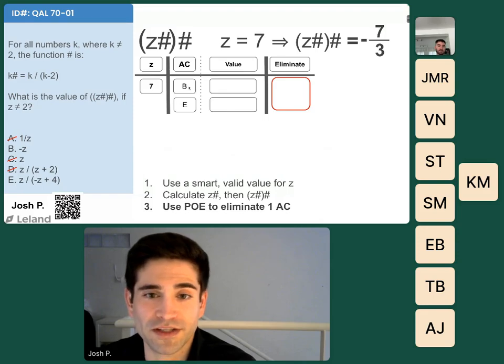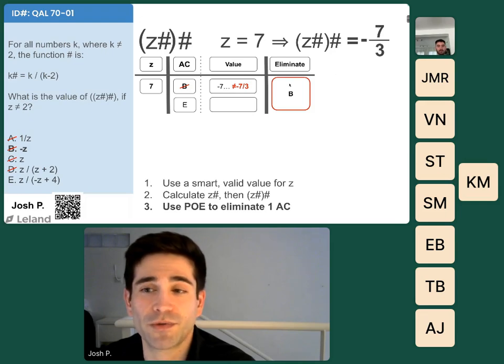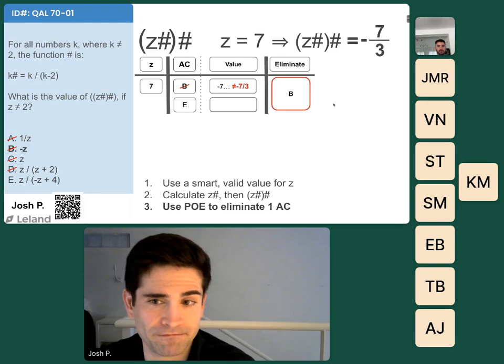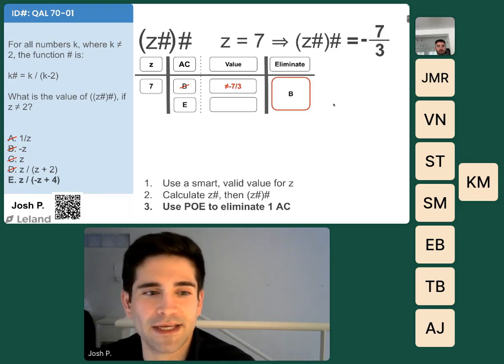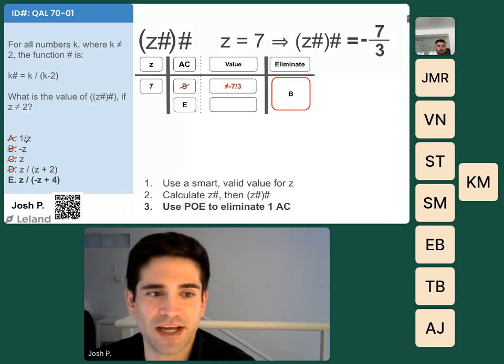So we want to test out the two answer choices that are left, B and E. B, when z equals 7, minus z becomes minus 7, which is not equal to minus 7/3. So we were able to eliminate B. So we do know that E must be correct because we were able to eliminate 4 answer choices.